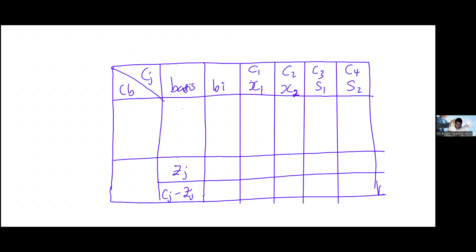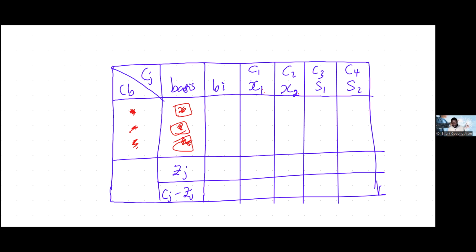The Cb is the coefficient of the decision variable in the basis, which is written correspondingly on the left. So Cb is the profit or cost coefficient of the decision variable which is in the basis.